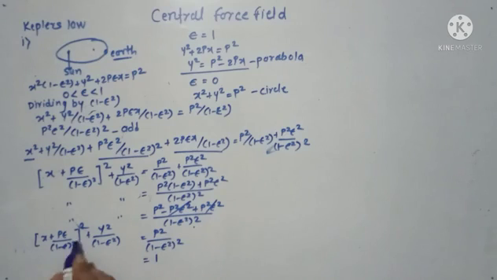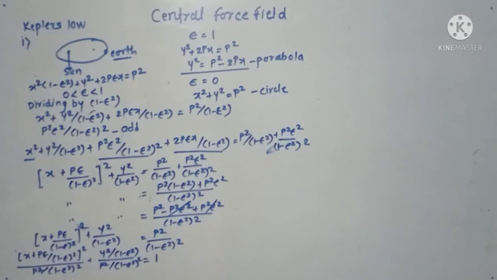The first term becomes (x plus p epsilon upon 1 minus epsilon squared) bracket squared upon p squared upon (1 minus epsilon squared), plus y squared upon p squared upon (1 minus epsilon squared) bracket squared.